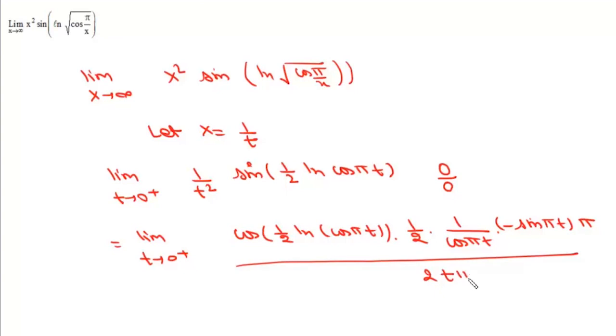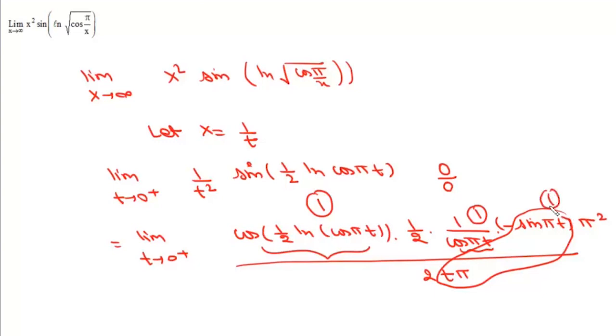Now we multiply and divide with π also. Now this is cos 0 is 1. Now this also is cos 0, so it will be this one, and then sin(πt) upon πt, when t tends to 0, it is also 1. So value of this limit will be minus π²/4.